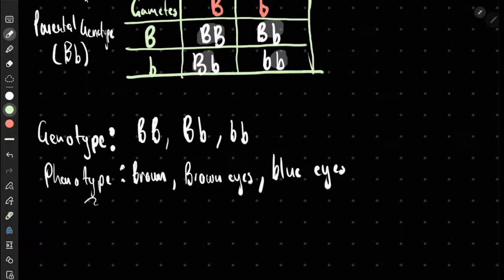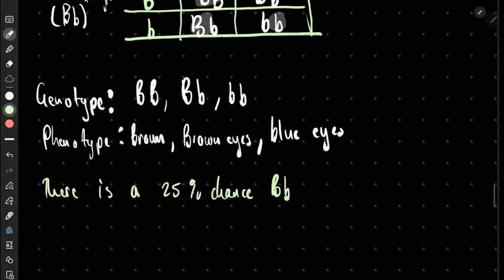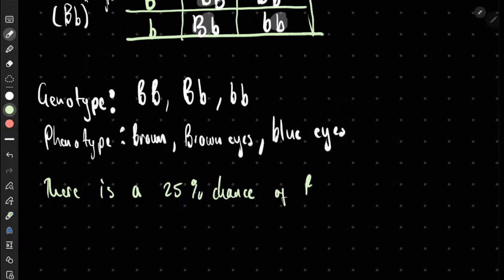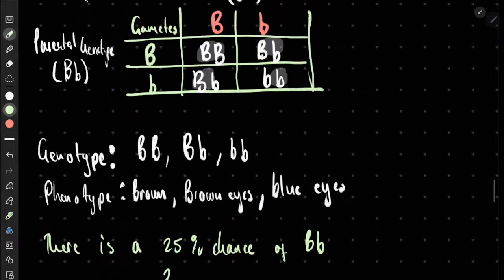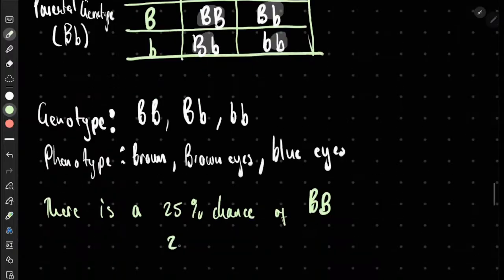Okay, I'm happy. So now we're going to say, what about the probability? How many do we have of big B, small b? It's 1/4. So there is a 25% chance that the individual will be big B, big B. There's also a 25% chance of having small b, small b.